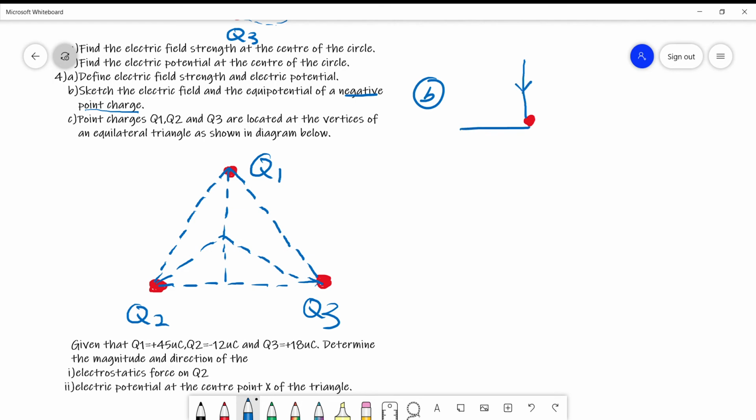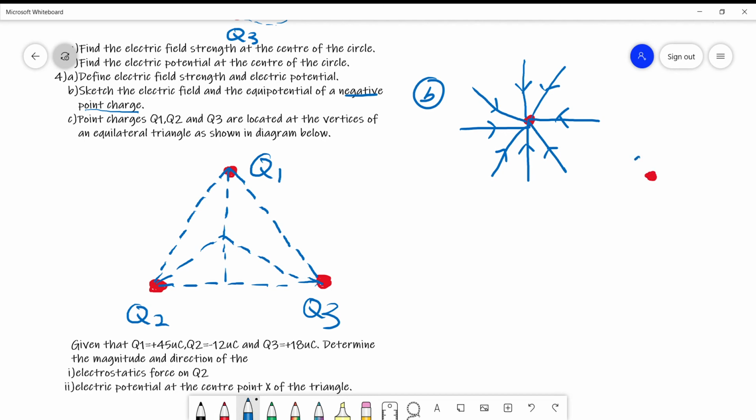So this is the electric field. Okay, so all the lines are inwards. Alright, so these are the electric field lines.